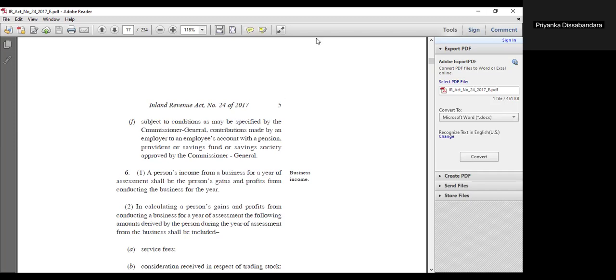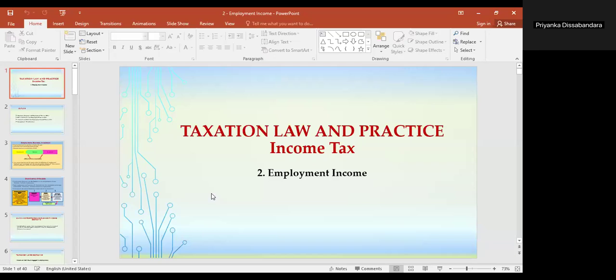Now I'm going to share taxation law and practice, income tax.